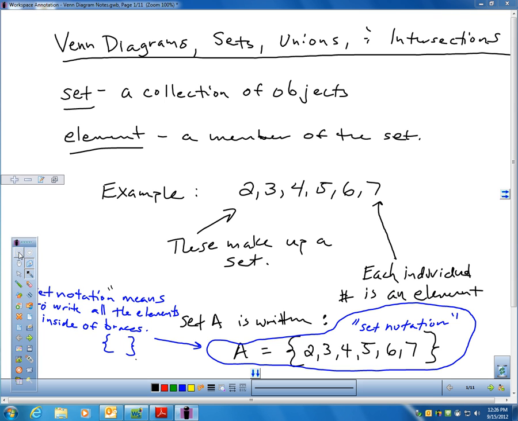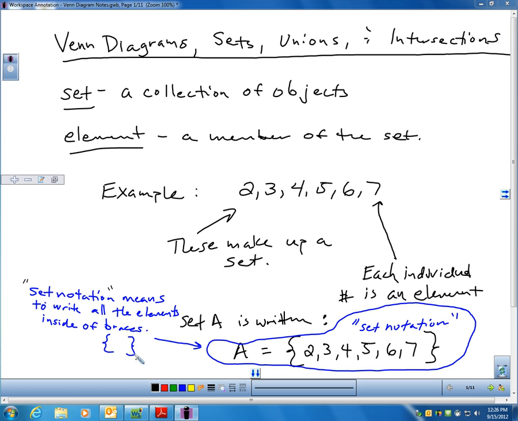Sometimes, to make it easy, we don't spell out our set. Just to make it easy, I might give it a name like set A. So when I say set A, I'm talking about the numbers 2, 3, 4, 5, 6, 7. And when I write set A out, it's nice to use set notation. Set notation means to write all the elements of your set inside of braces.